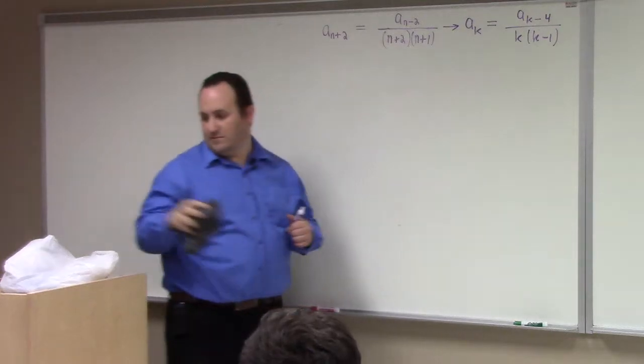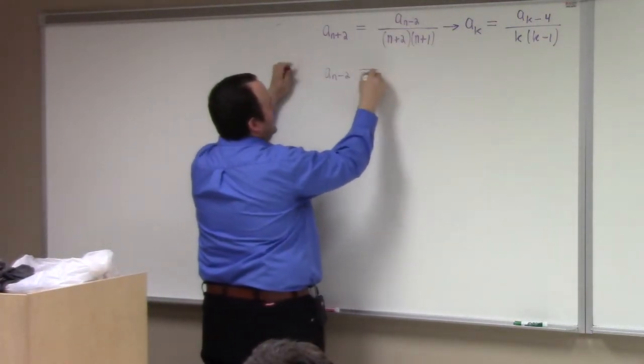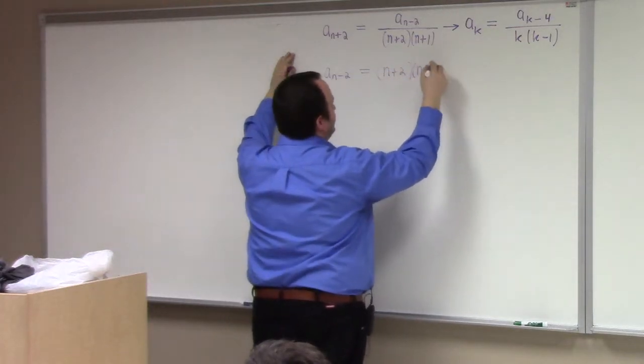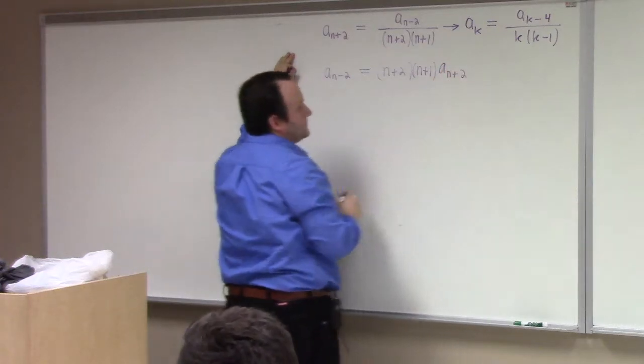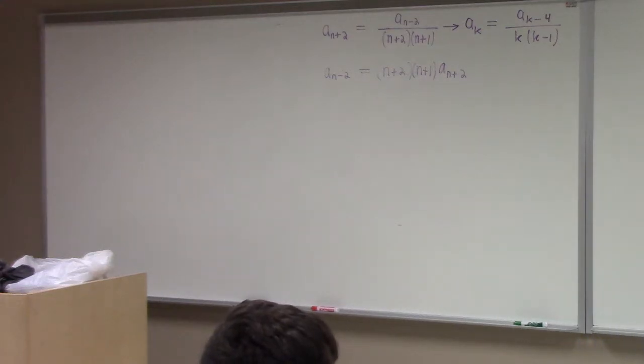Let's try this again. I want to solve for n minus 2 equal to n plus 2 times n plus 1 a sub n, n plus 2 like that. Please tell me I haven't made another silly transcription mistake here.